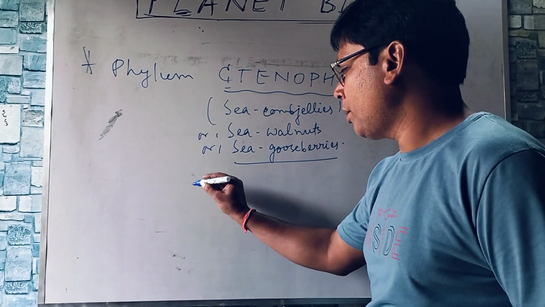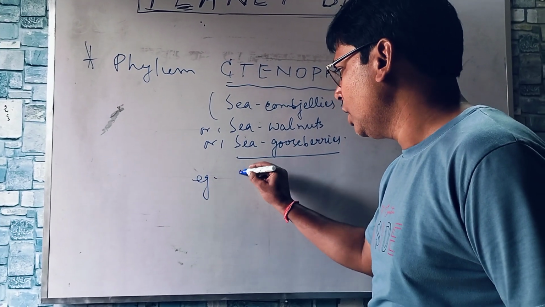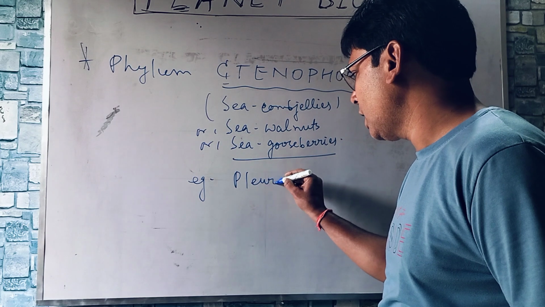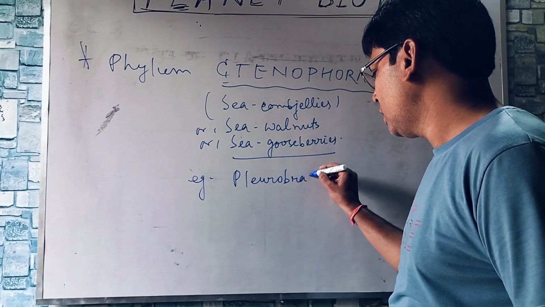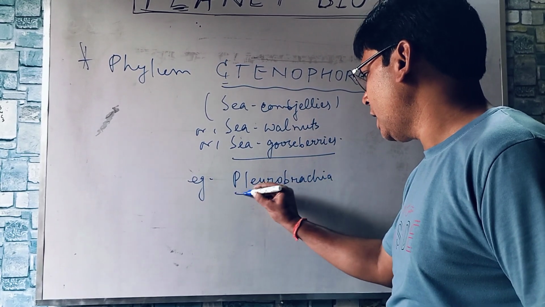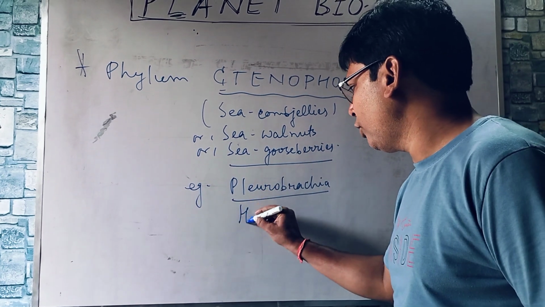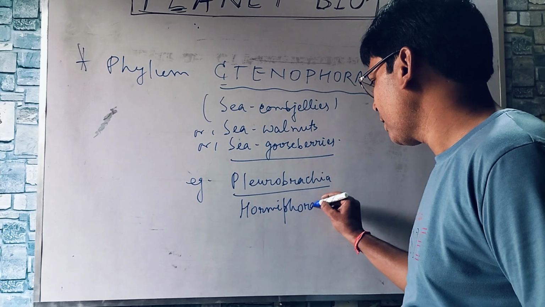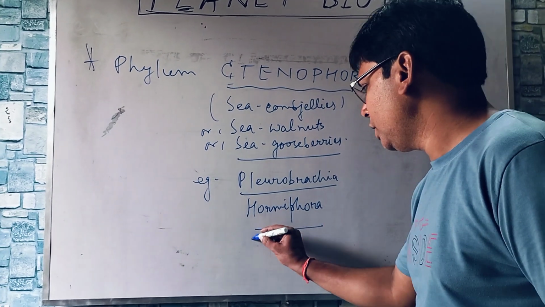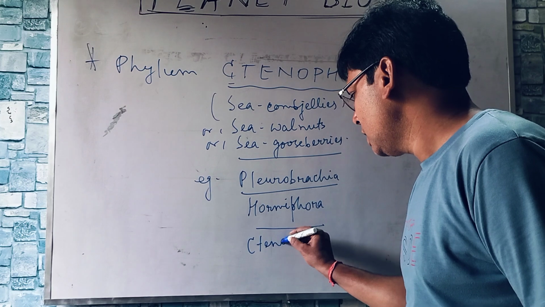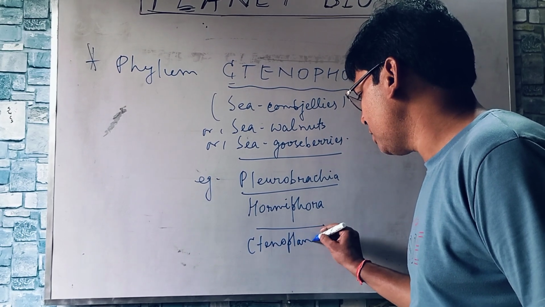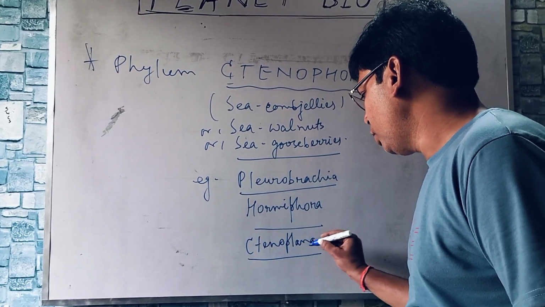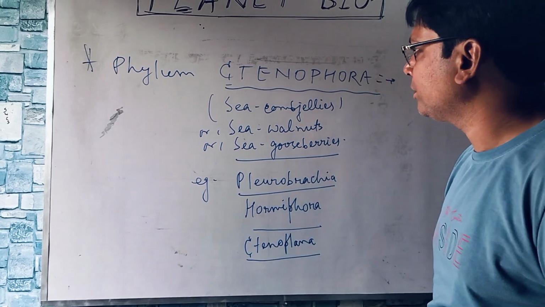And for example, you can see that is given in the book, Pleurobrachia, Hormiphora, Ctenoplana. Time and again I am telling boys and girls to underline these biological names.